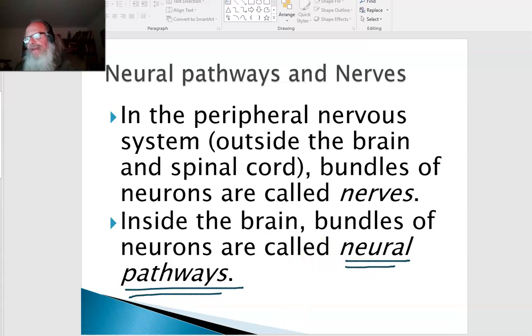We call these neural pathways, and one of the things that's useful to think about in terms of how we're talking about this is that many of the neural pathways are batches of neurons that all use the same neurotransmitter chemicals to keep themselves either turned off or sometimes turn on.